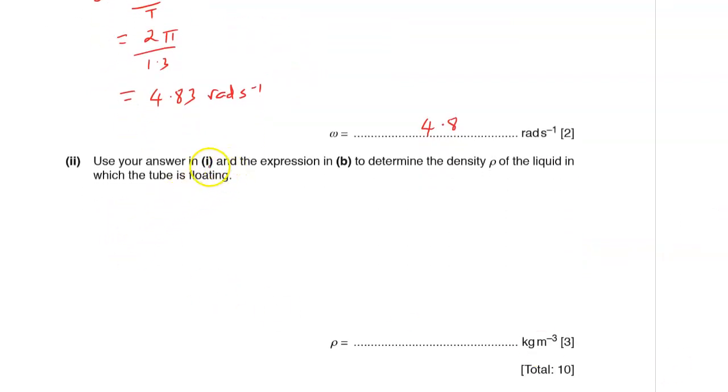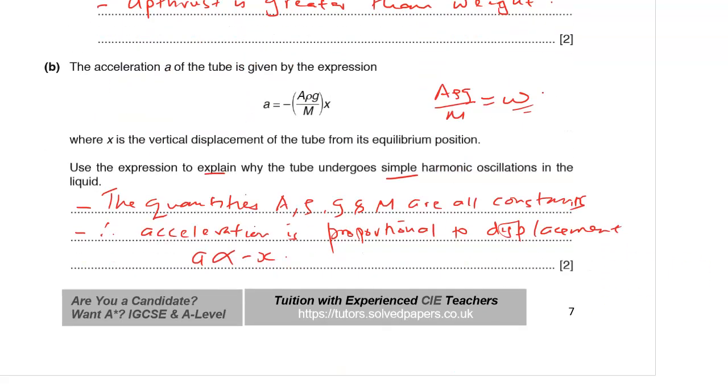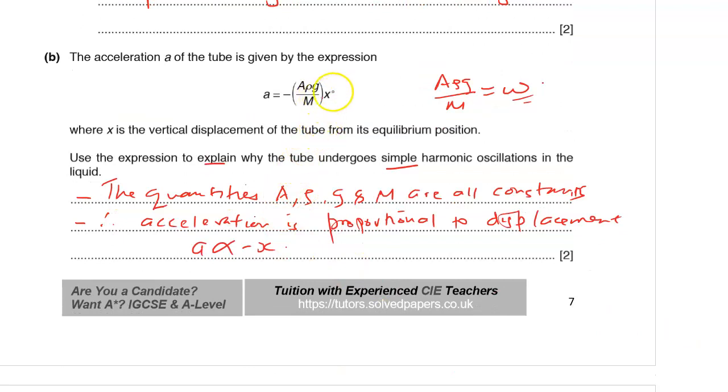Use your answers in part 2 and part 1, and the expression in B, to determine the density of the liquid in which the tube is floating. Of course, the expression here is this one. You can make rho the subject from here.